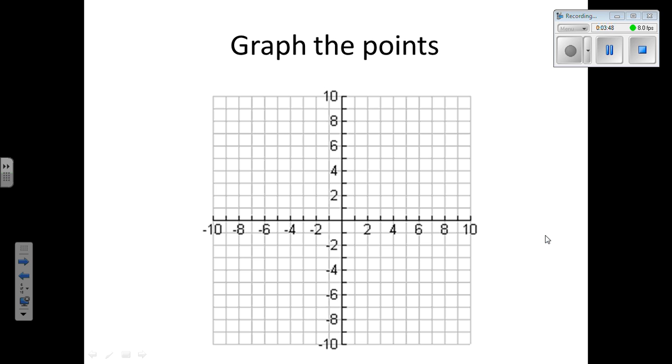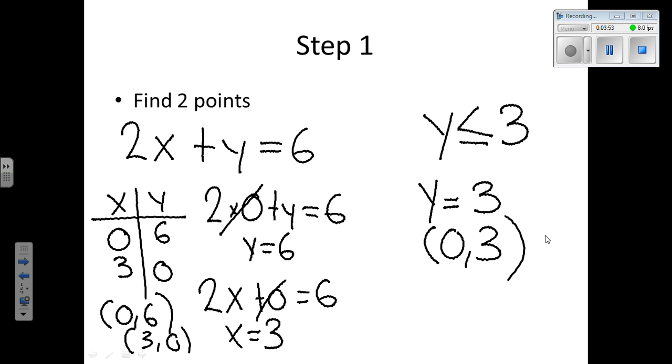So now I'm going to graph my points, and I'm going to use two different colors. Remember, 2x plus y is greater than 6 is going to be a dashed line. My less than or equal to is going to be a straight line, a solid.